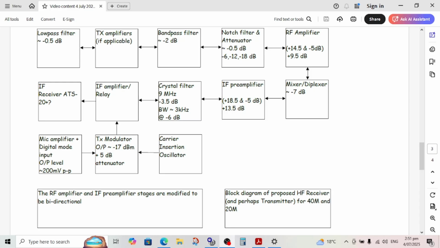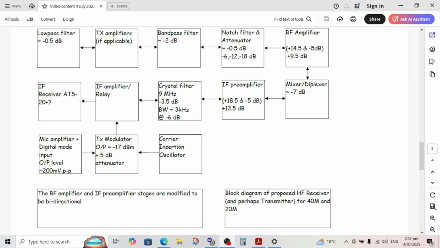This is quite useful in addition to the bandpass filter, because often the bandpass filter may not have sufficient rejection higher in frequency. If this assembly is used as part of a transmitter, then the transmit amplifiers are typically between the bandpass filter and the low-pass filter.